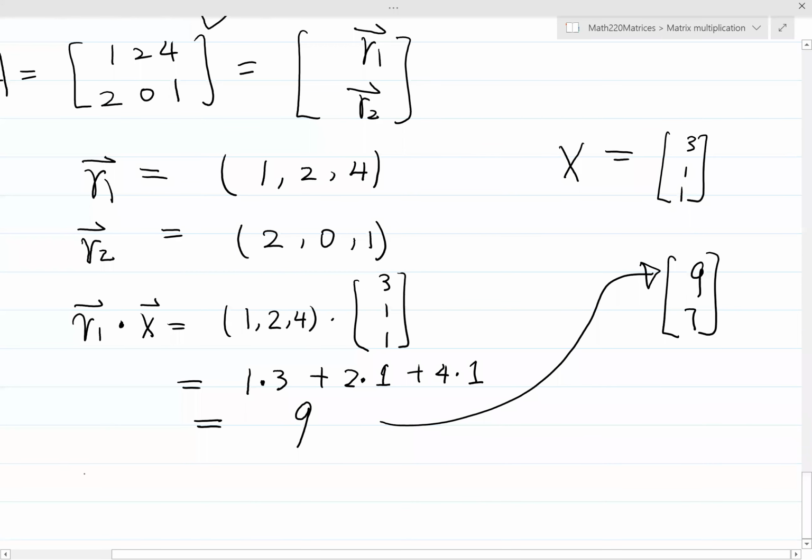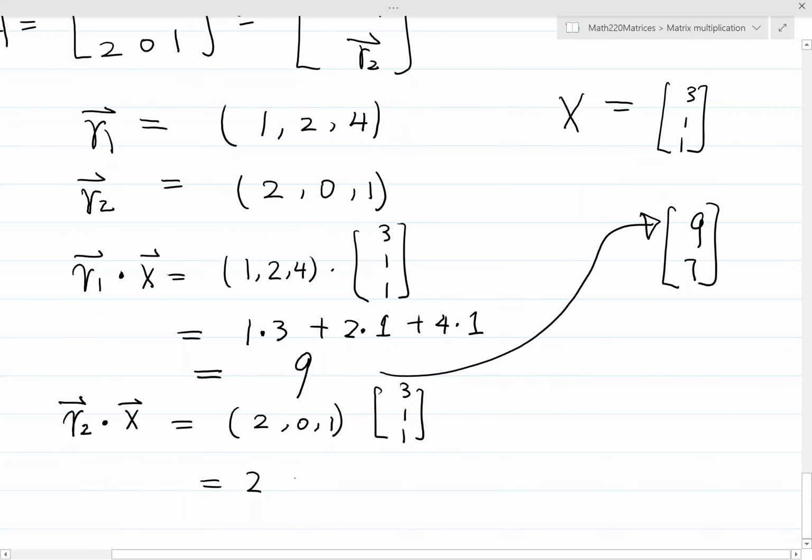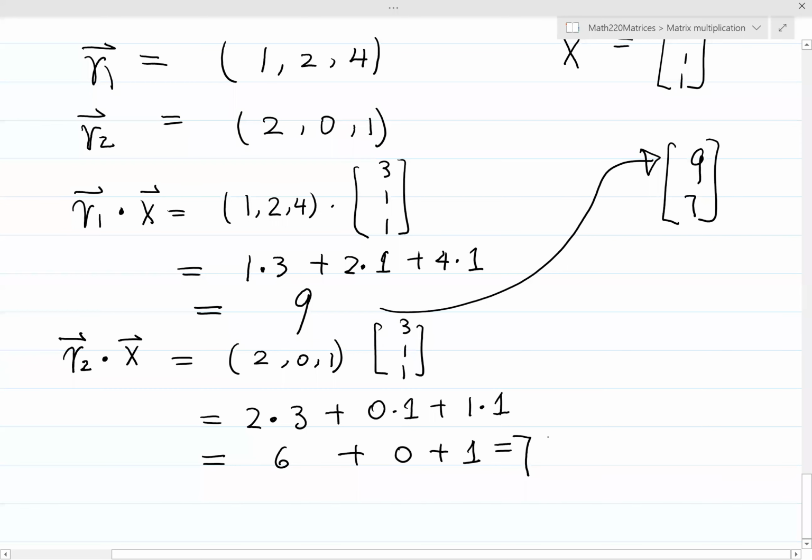The second row, R2, times x gives component-wise multiplication and add them together: 2 times 3 is 6, plus 0 plus 1, which is exactly 7. You see 7 is exactly 7 here. So this works.